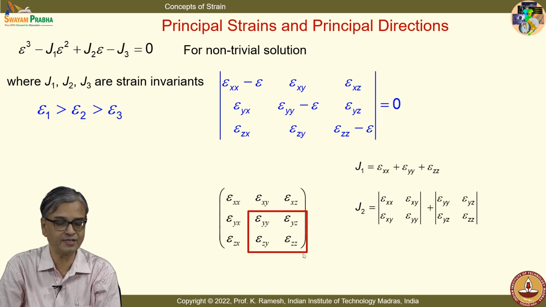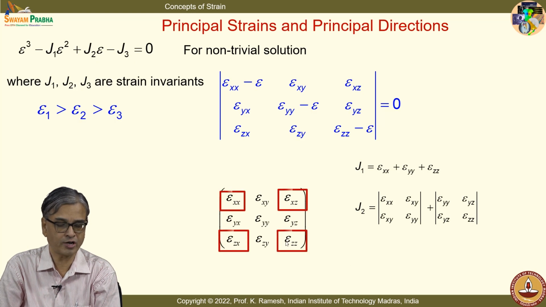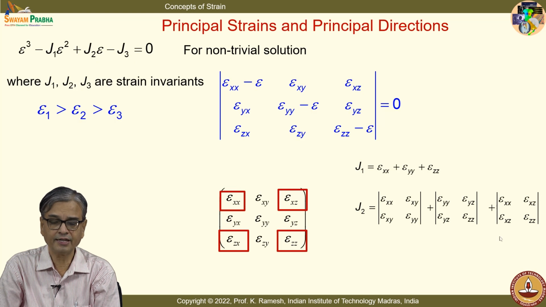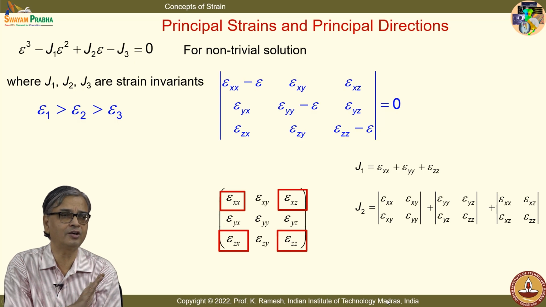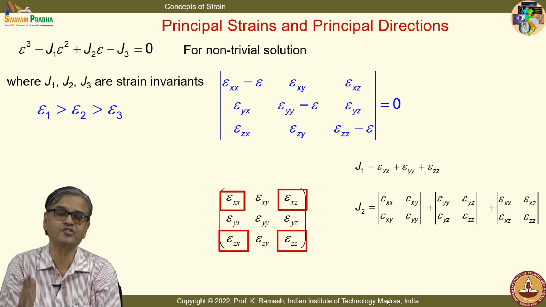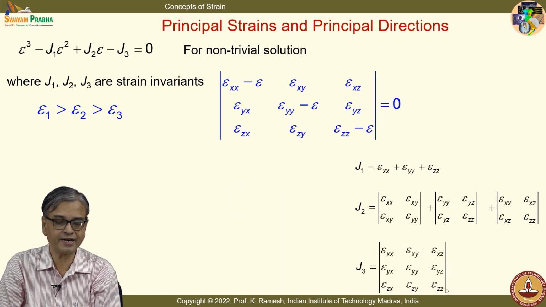So, determinant of this epsilon yy, epsilon yz, epsilon yz and epsilon zz, and similarly all the 4 corner elements contribute to the third element of J2. So, it is a mirror image. Whatever you have learnt in stress analysis, similar quantities you look at in strain. And what is J3? It is the determinant of the complete matrix.